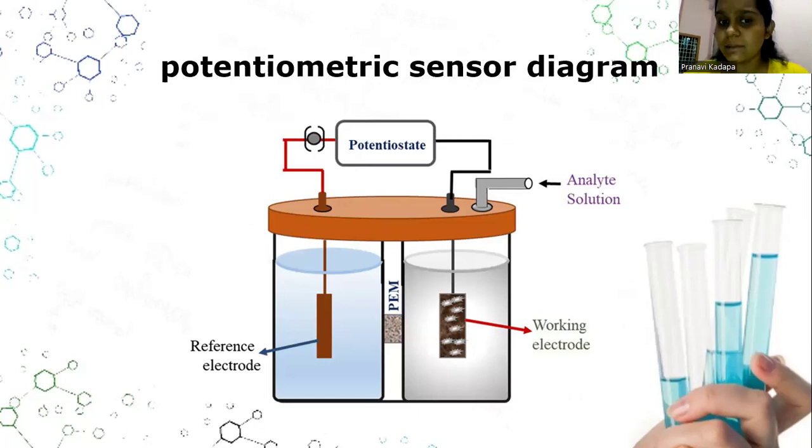Here the chemical reaction takes place, which gives us an electrical signal. These are called sensors, like the potentiometric sensor or the amperometric sensor: the chemical reaction that takes place is converted and given to us in the form of an electrical signal.